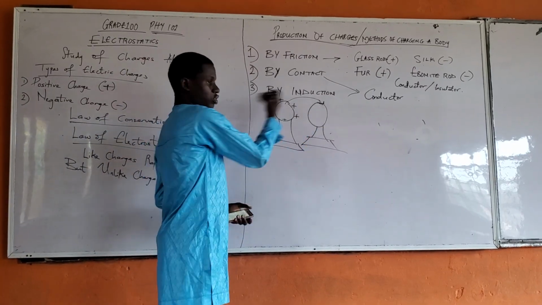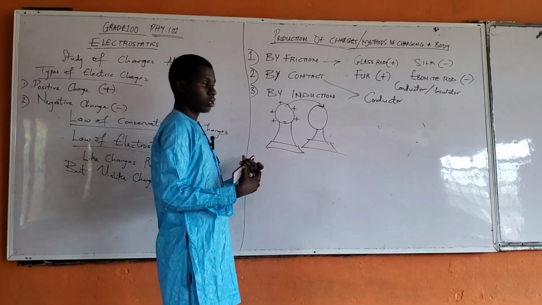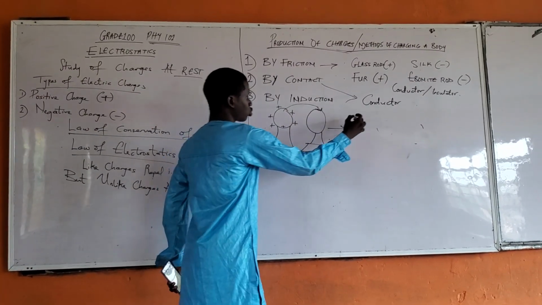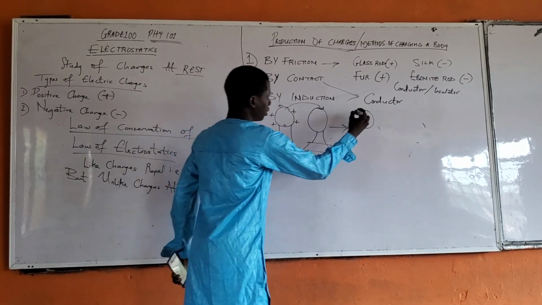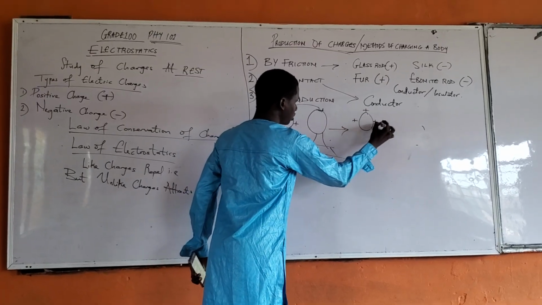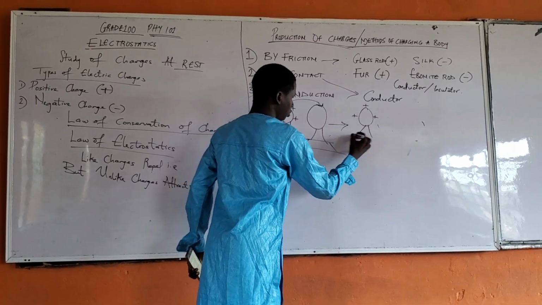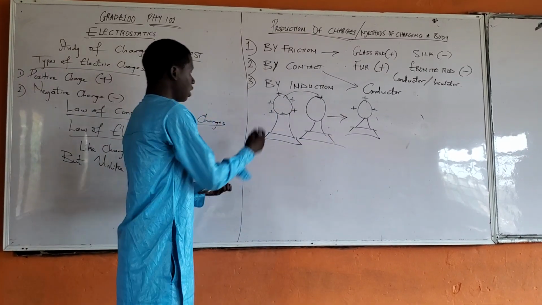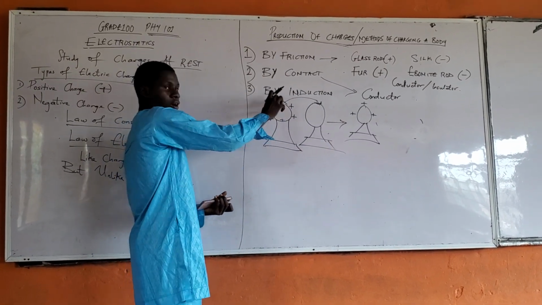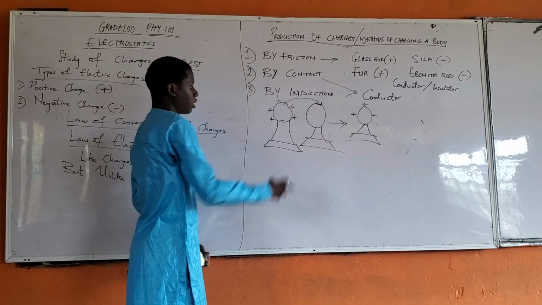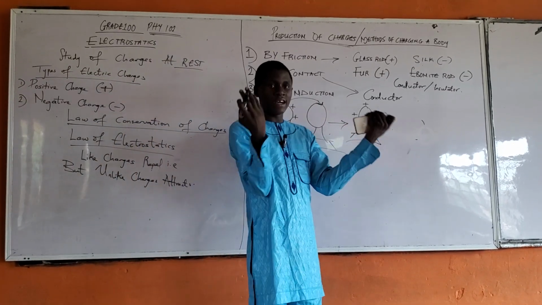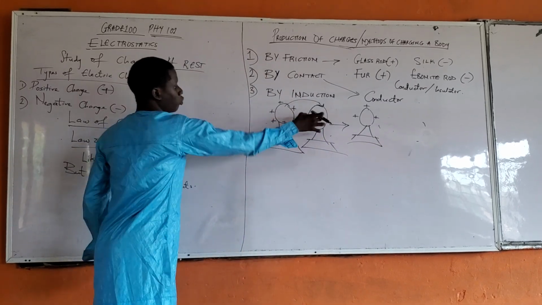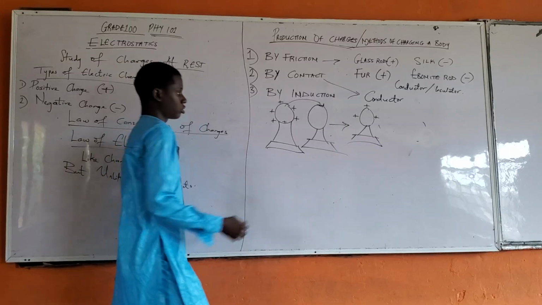After bringing a neutral body in contact with this charged body, this particular body will be left with 3 charges, so the magnitude will be 3, and the other one will be charged too, because there will be transfer of charges from this one to that one. So the charges will be divided equally. Hence, both of them will have the same magnitude.